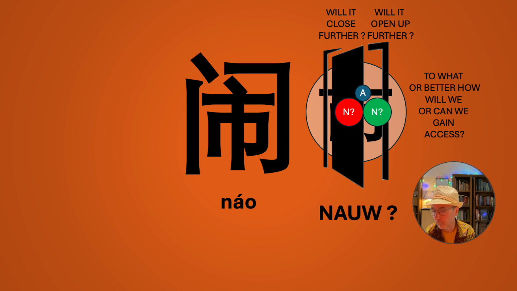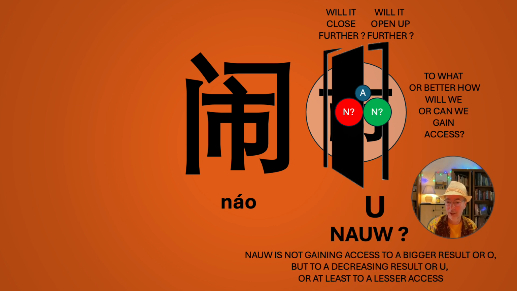Will I close it further? Will I open it further? And to what will I gain access? Now is written with u, so u is actually getting smaller or getting less, or only slightly developing. That's the meaning of u.